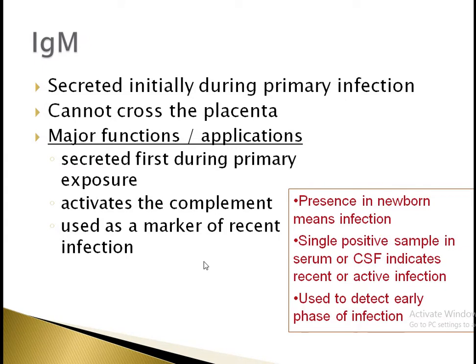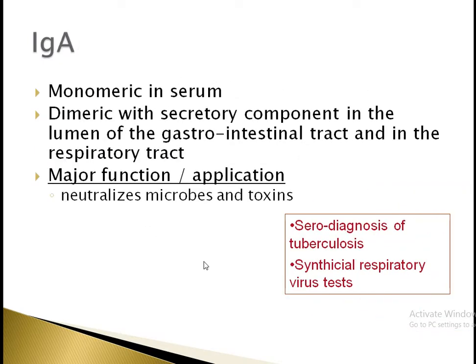Coming to IgM, it is secreted initially during primary infection and it cannot cross the placenta. IgA is dimeric with a secretory component in the lumen of the GIT and in the respiratory tract, and it neutralizes microbes and toxins.